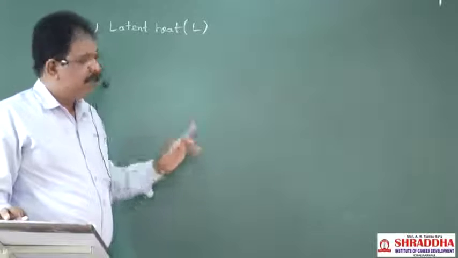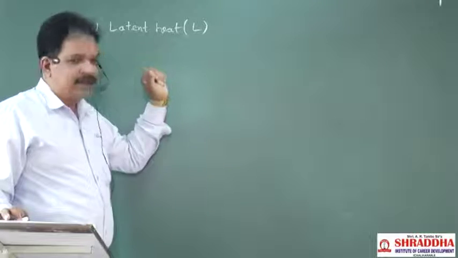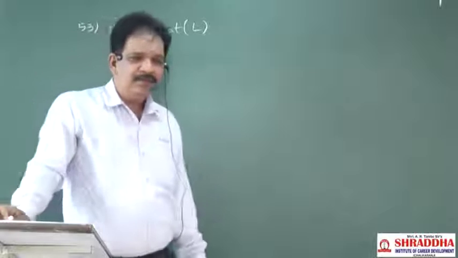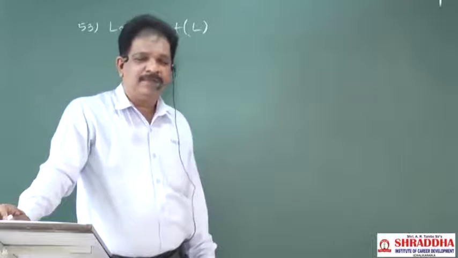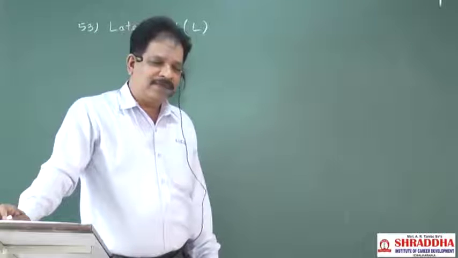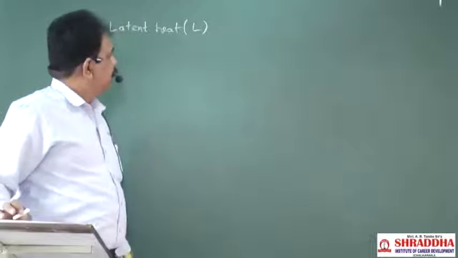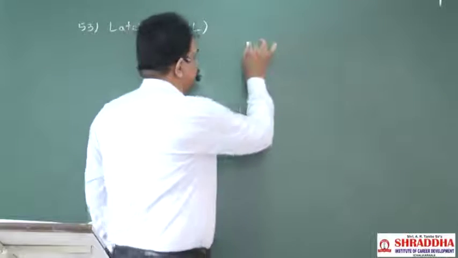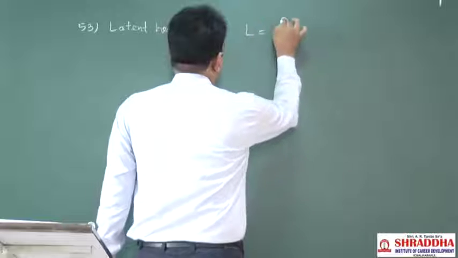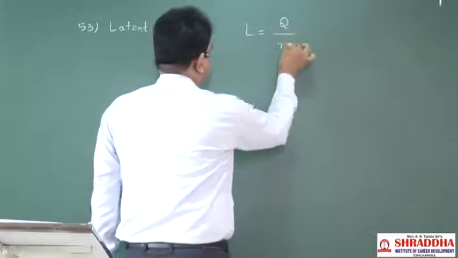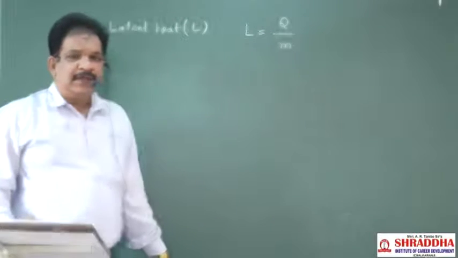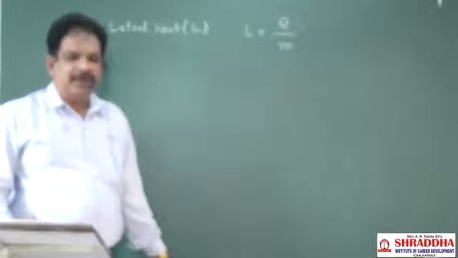They will clearly mention whether it is latent heat or angular momentum, no need to worry about it. Okay? Latent heat L is equal to Q by M formula. L is equal to Q by M.